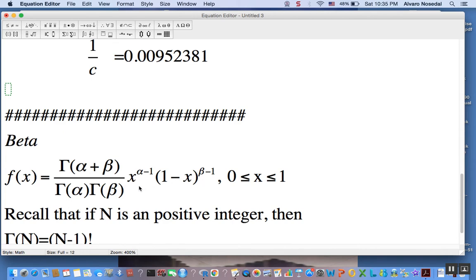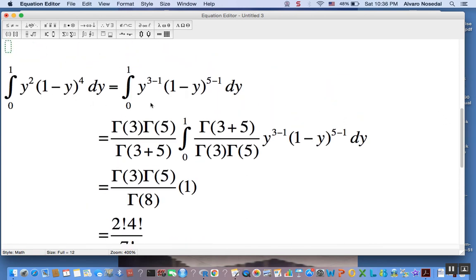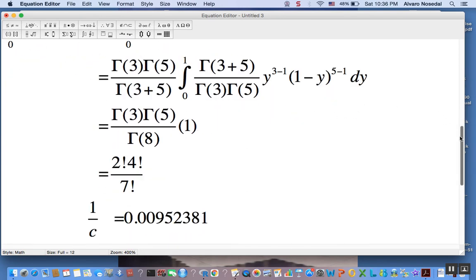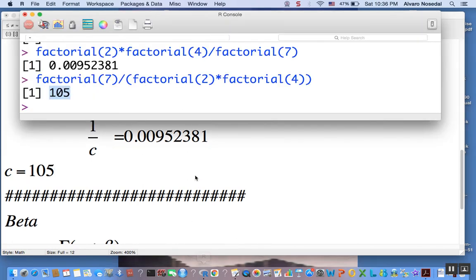It's useful to remember those kernels to find those integrals. So in the end, C happens to be 105, because that would be 7 factorial divided by 2 factorial times 4 factorial. Make sense?